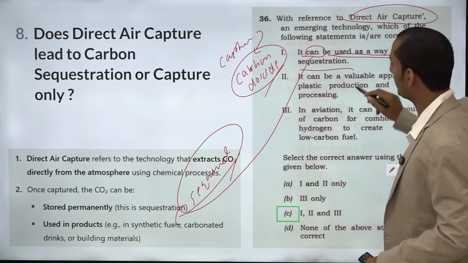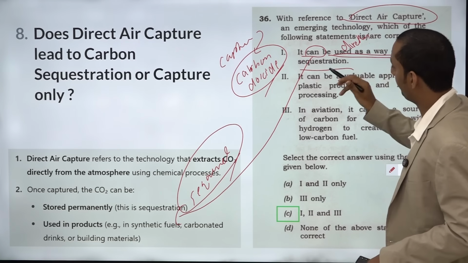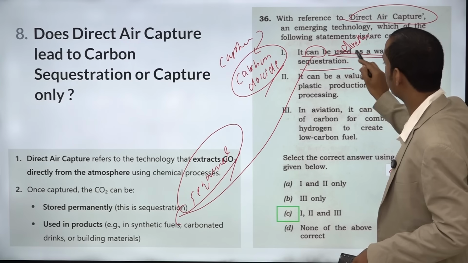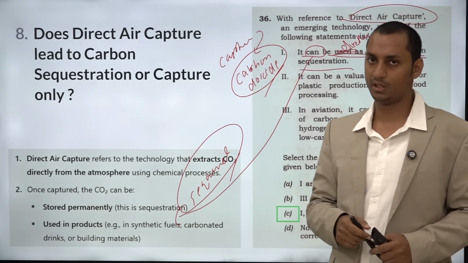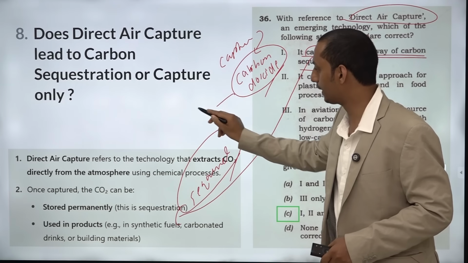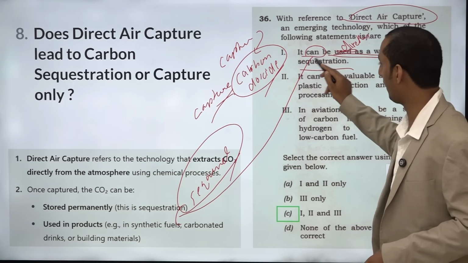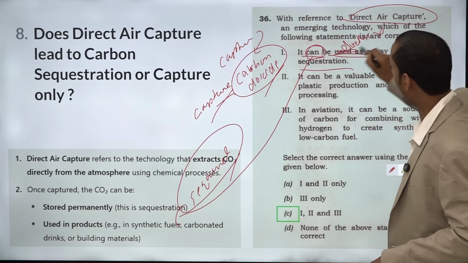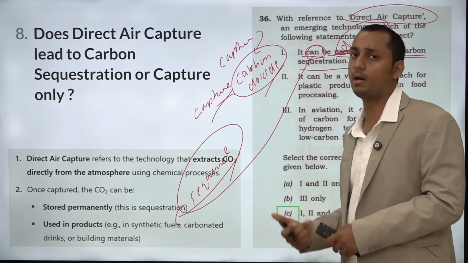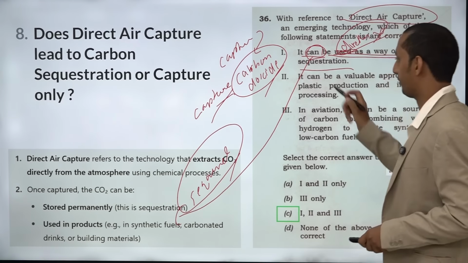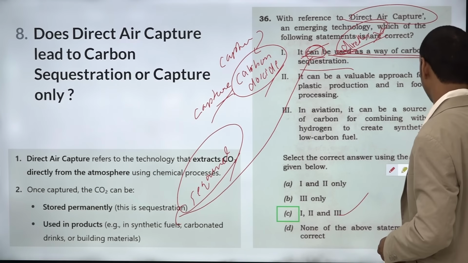Now, if UPSC had provided the word directly, that it can be used directly as a way of carbon sequestration, then the statement would be incorrect, because direct capture only leads to capture and we have to sequester it later. But since the word "can" is here and the word "directly" is not used, it can be used as a way. Definitely, the captured carbon can be sequestered later. Therefore, this first statement is correct. Therefore, the answer is C, 1, 2 and 3 only.